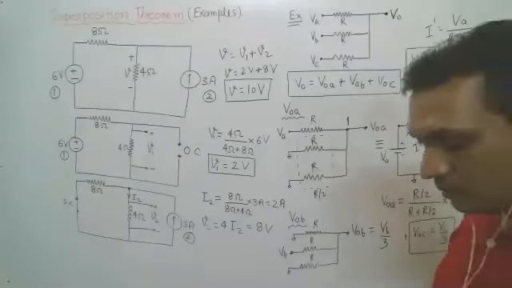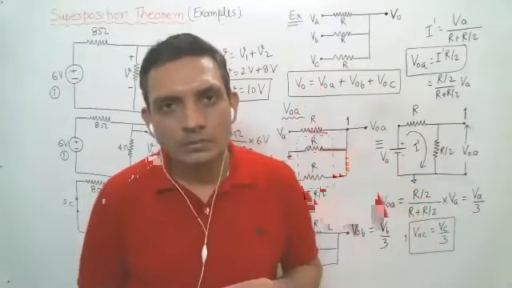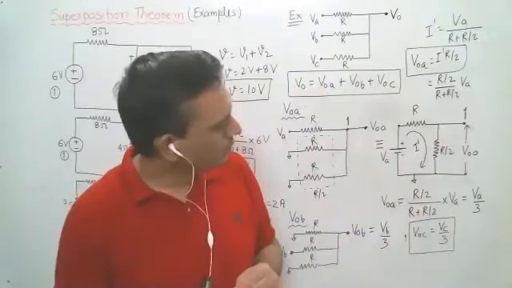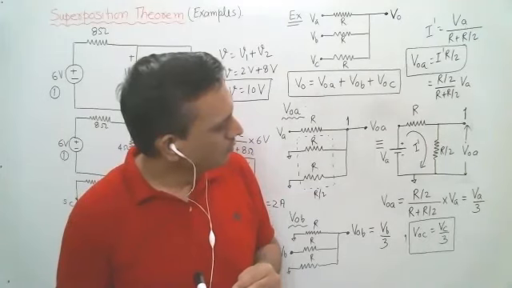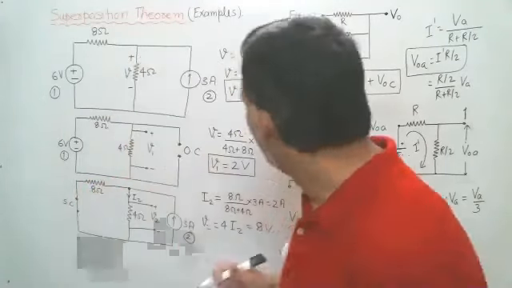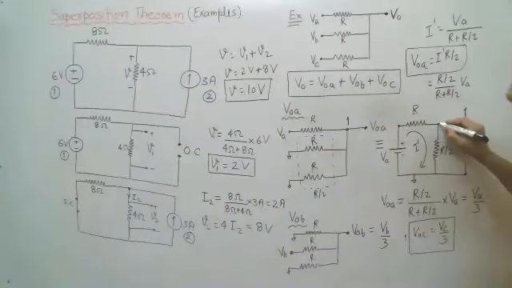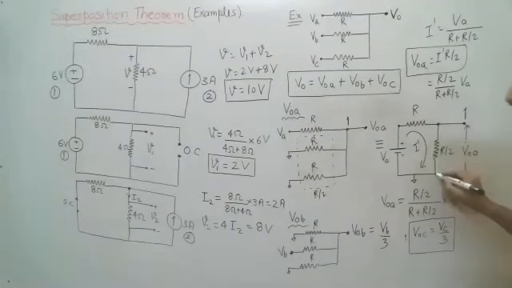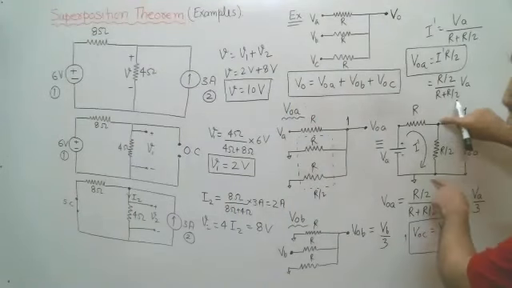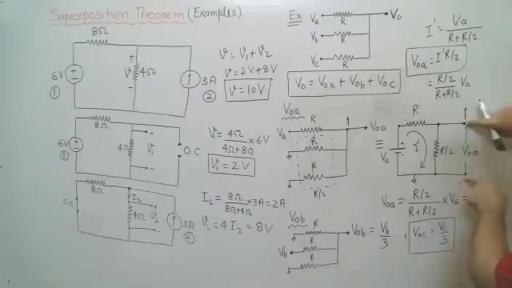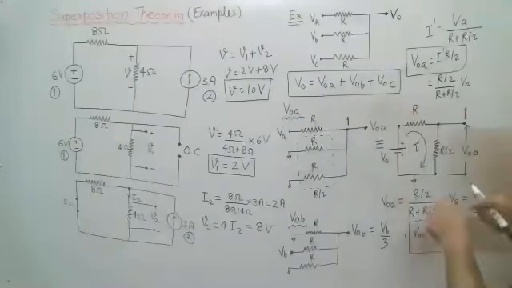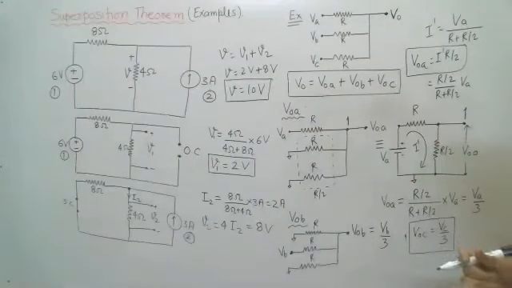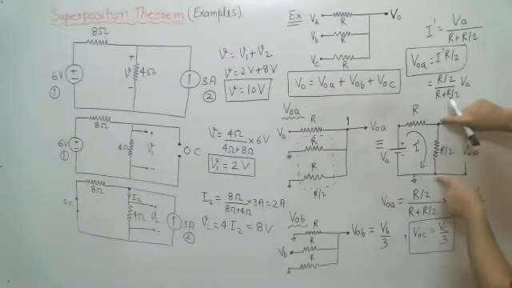Sir, in the case of V0A, should the voltage drop not be across the resistance R instead of R by 2? You can see this is one point, this is one point, this is the other point. So where is the drop? That is shown in this figure. This V0A is the drop across R by 2. I have drawn here this voltage.